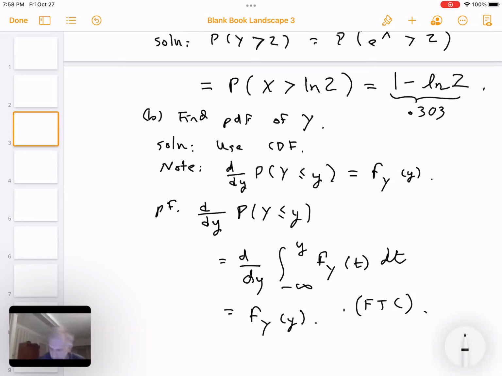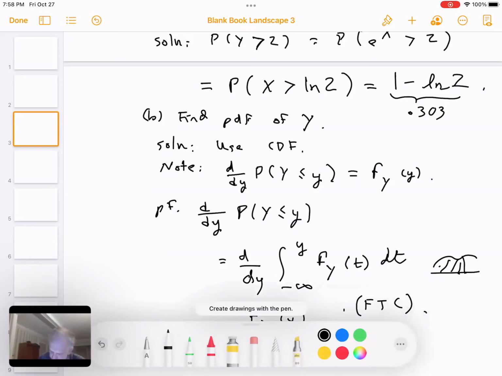So if I have some function, and I have a function that is accumulating the area here, so that's this kind of function here on the outside, it's accumulating the area here, then the derivative of this is the height of the function here. The rate of change, right? Makes sense.